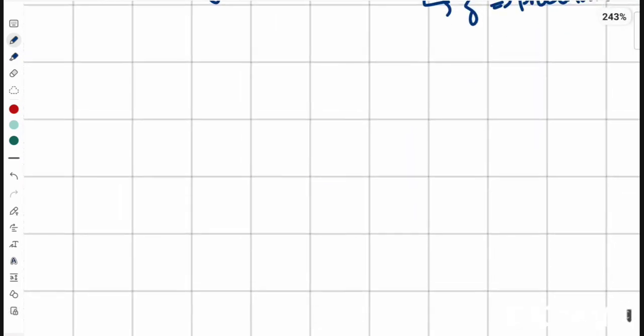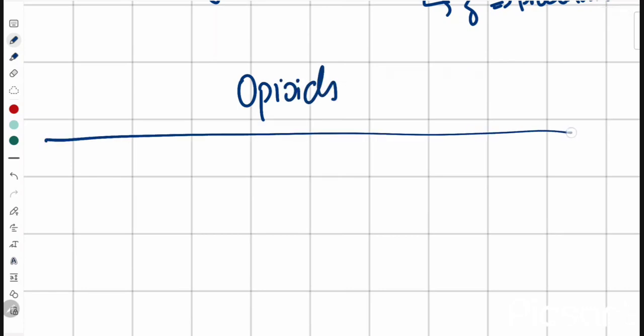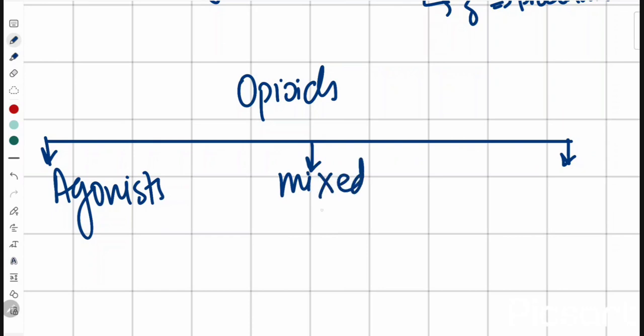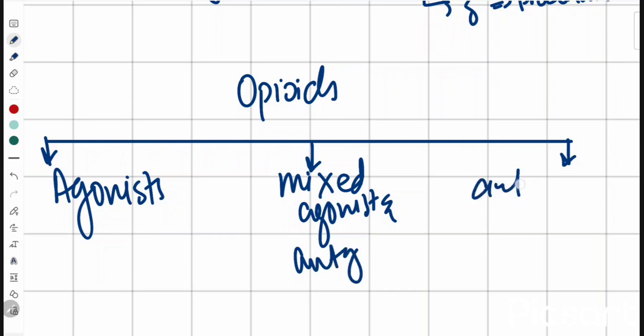Now let's classify opioids. Opioids first are agonists, and then we have mixed agonists and antagonists, and finally antagonists.